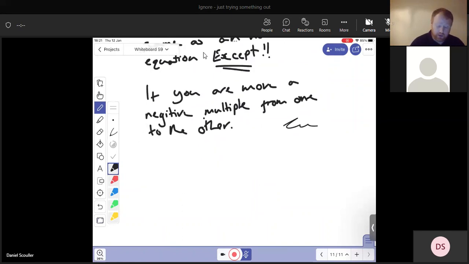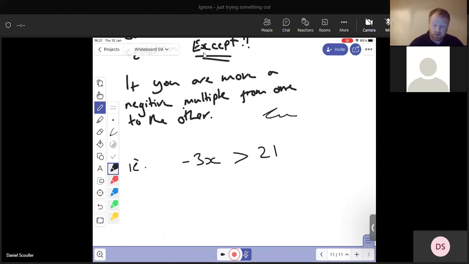Something along the lines of, if you had negative 3x greater than 21, and you wanted to solve that for x, you had to get rid of the negative 3 on the left-hand side and move it to the right-hand side. You would have x, the symbol would flip, so the arrow would flip, and you'd have 21 divided by minus 3.